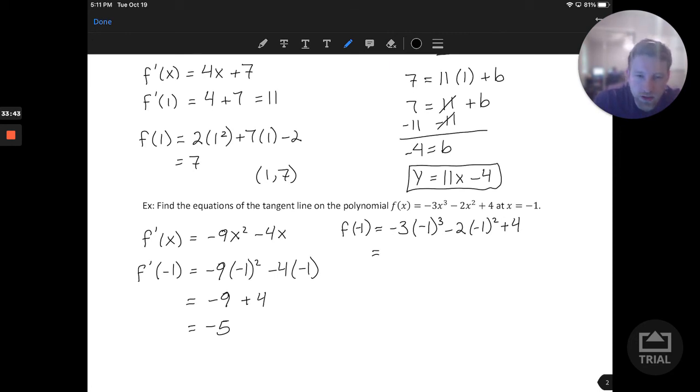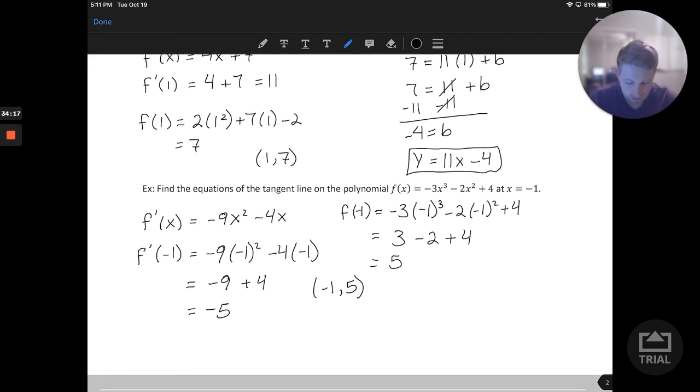That's going to be 3 negatives, and we'll end up with just +3. We'll have a negative in our second term, -2 times 1, in this case, would be just -2, plus 4. And so that looks to be just 5. So our point here is -1, 5.